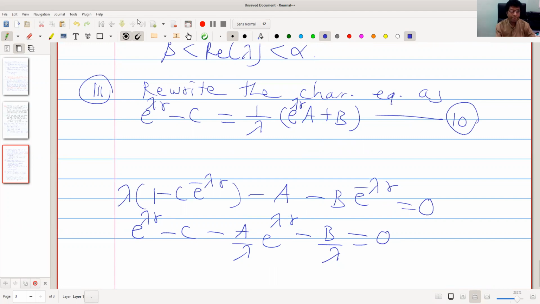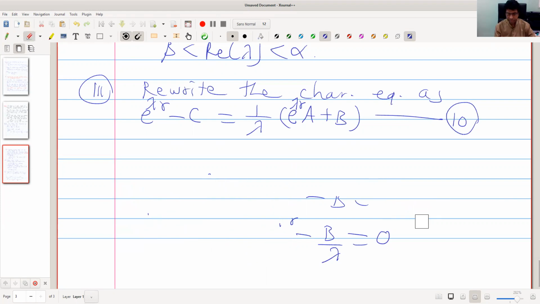Okay, so this is the rearranged characteristic equation.